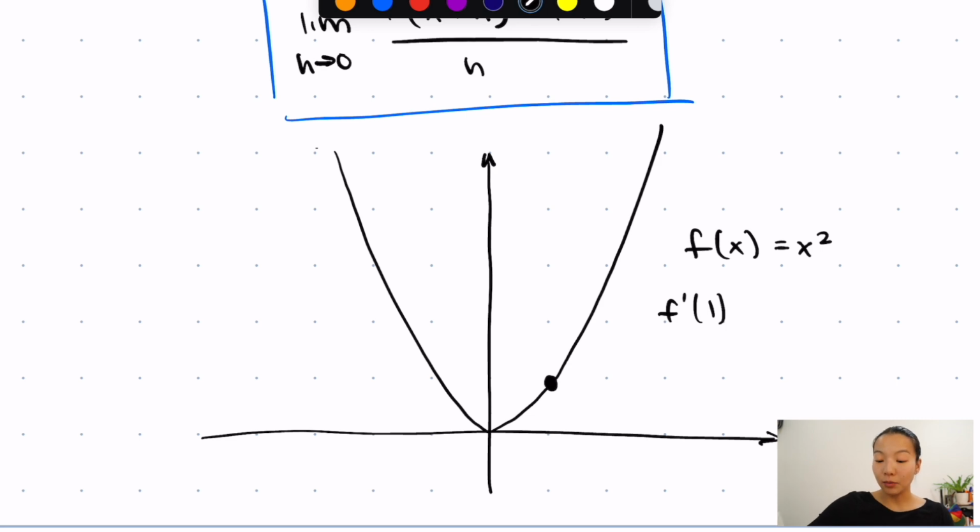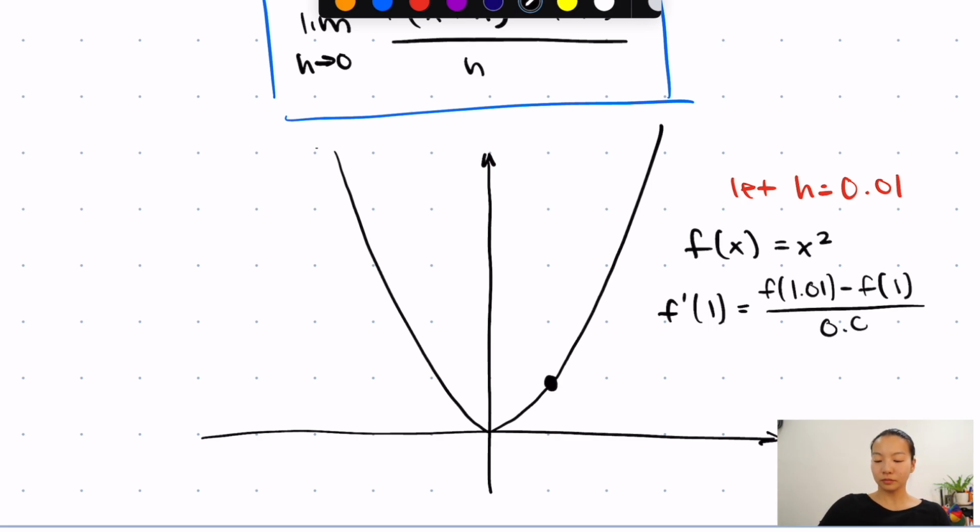the derivative at 1 is going to be equal to, take some very small h. So let's say h equals 0.01. What we're going to do is take this function at 1.01 minus this function at 1, divided by 0.01.